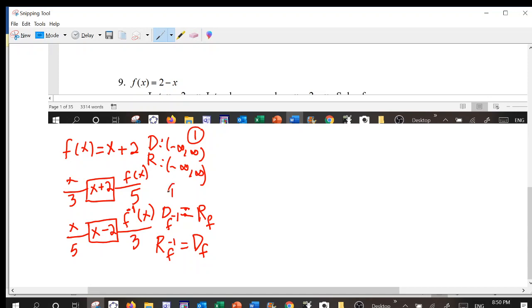Let me put the number 1 here. The second property of inverses has to do with composition. So if we take f and put f inverse inside, what do I get? Let's do some scratch work here.